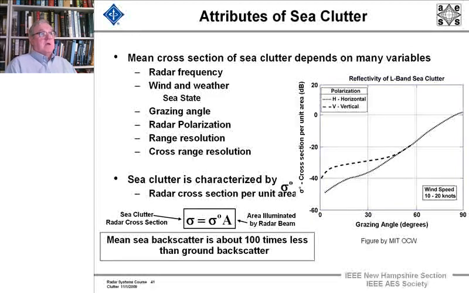But the wind speed and the weather, which is characterized by the sea state, are two different ones. And also, if you're on a ship, the mean value of the clutter will be moved. The mean sea clutter backscatter is about 100 times less than the ground backscatter. And it's characterized by sigma 0, cross-section per unit area, as land clutter is.